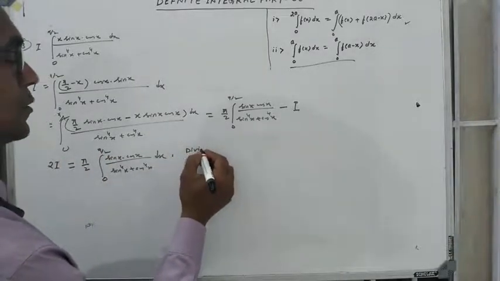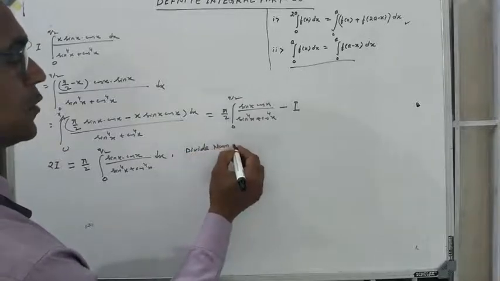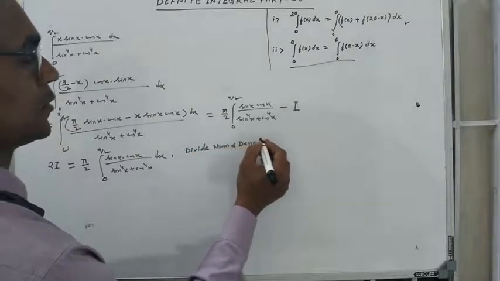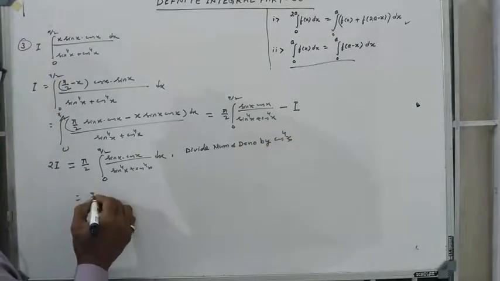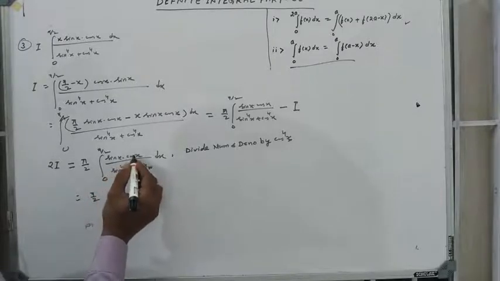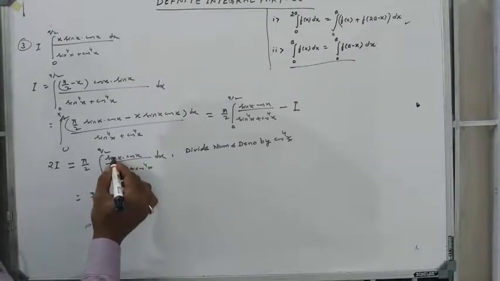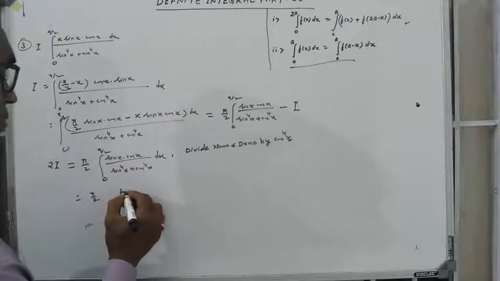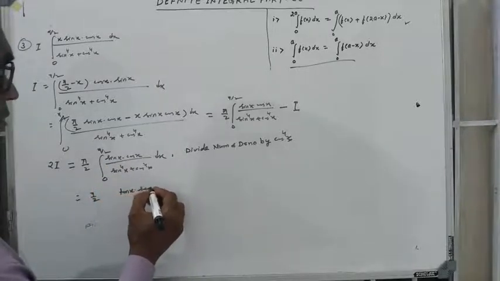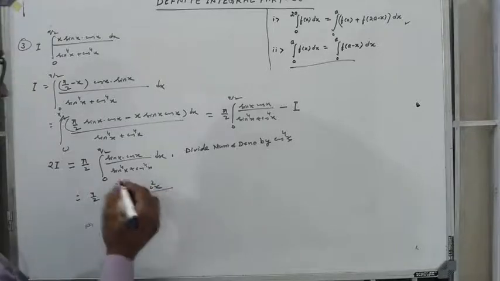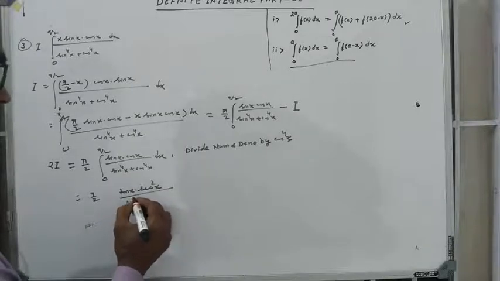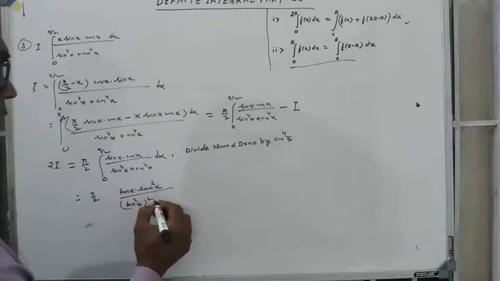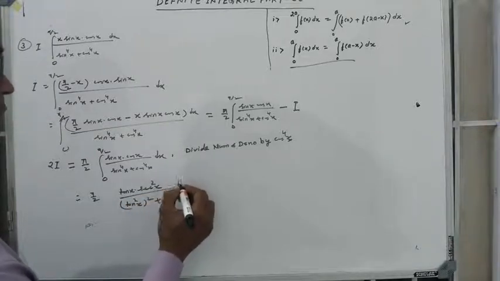Then pi by 2, here one cos will cancel, and sin x by cos cube x gives tan x, and then sec square x. In denominator, sin 4x by cos 4x is tan 4x. So it can be written as tan square x whole square plus 1 dx.